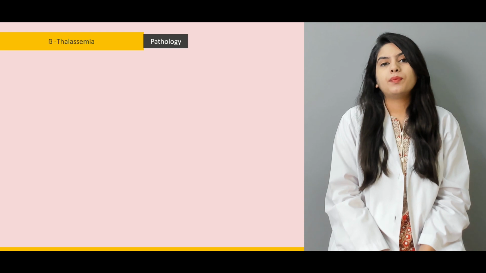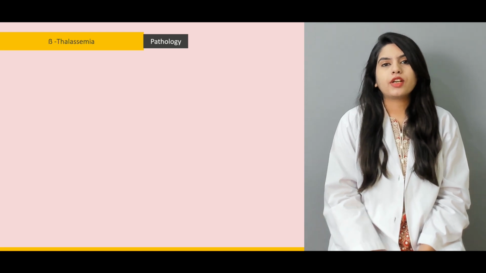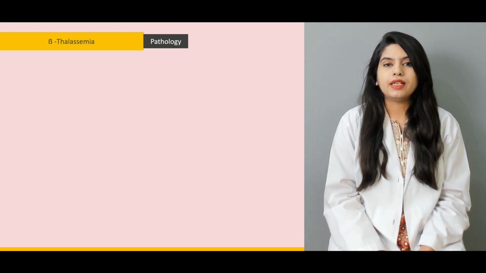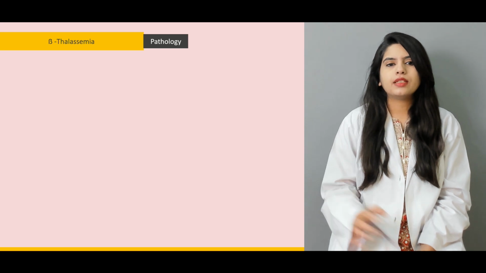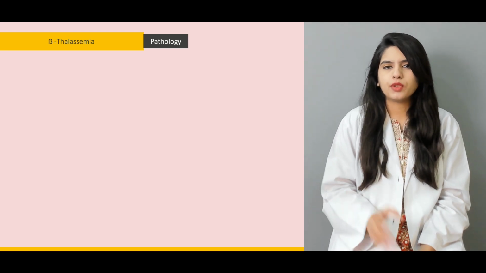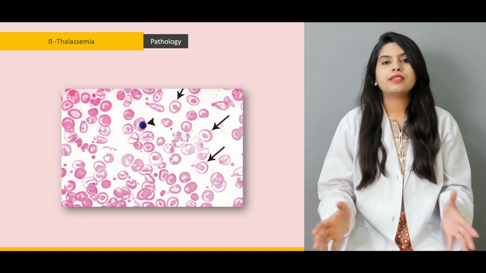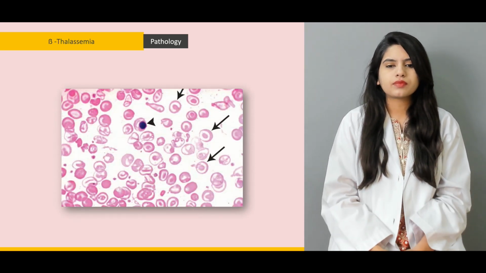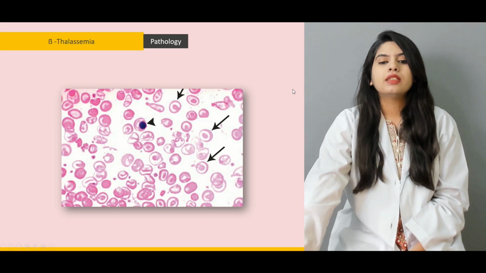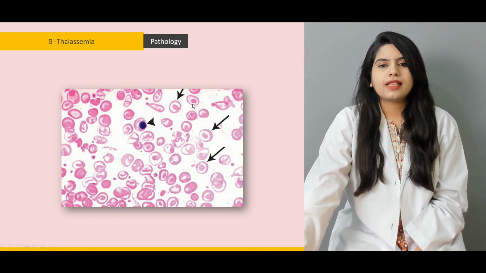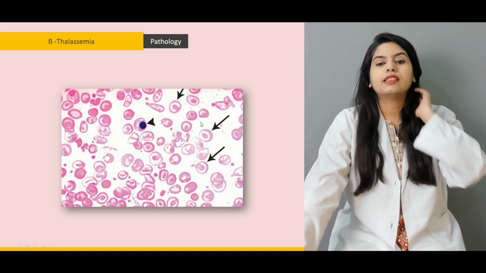Now, there is the production of abnormal red blood cells. We know that in beta thalassemia there is production of abnormal red blood cells. So let's see how these red blood cells will look. This is a microscopic slide showing the cells affected by beta thalassemia.